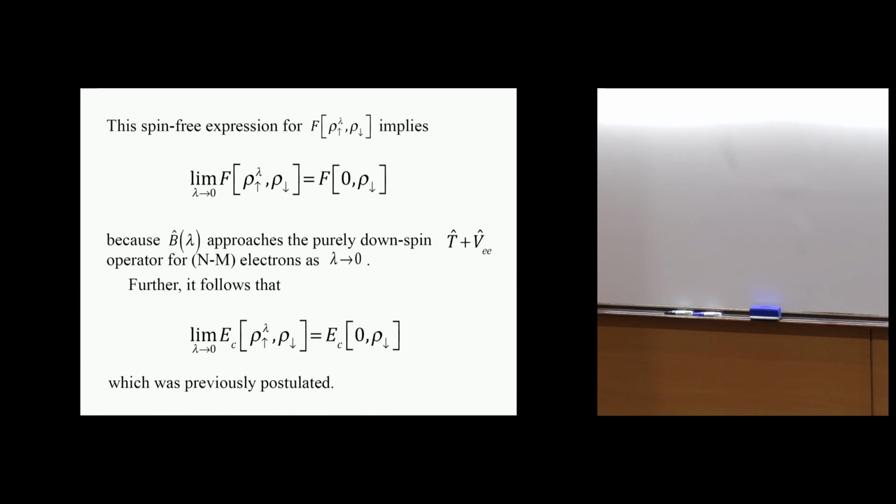So because we're purely downspin T for n minus 1 electrons. And then you could do the same for the other parts of F, and as a result you have this, which was previously postulated, as we say, or conjectured.